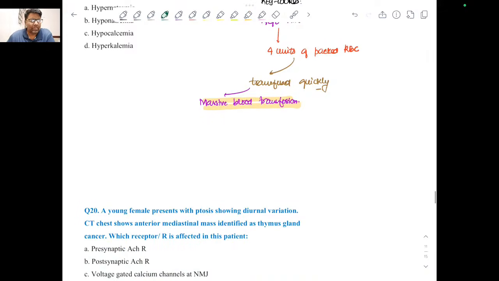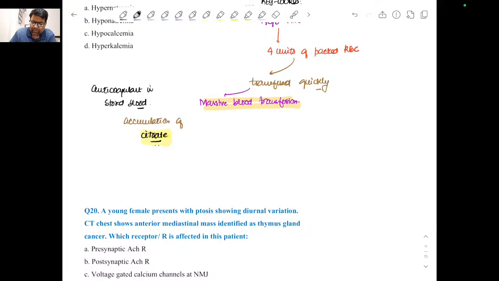Now what happens whenever we do massive blood transfusion, where a large amount of blood is transfused within a short period of time? There is accumulation of citrate. Now the question is, where is this citrate coming from? This citrate is actually the anticoagulant in stored blood.